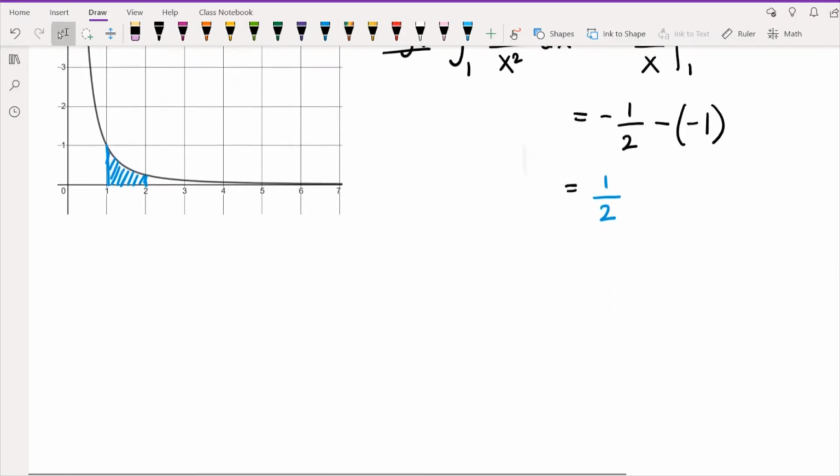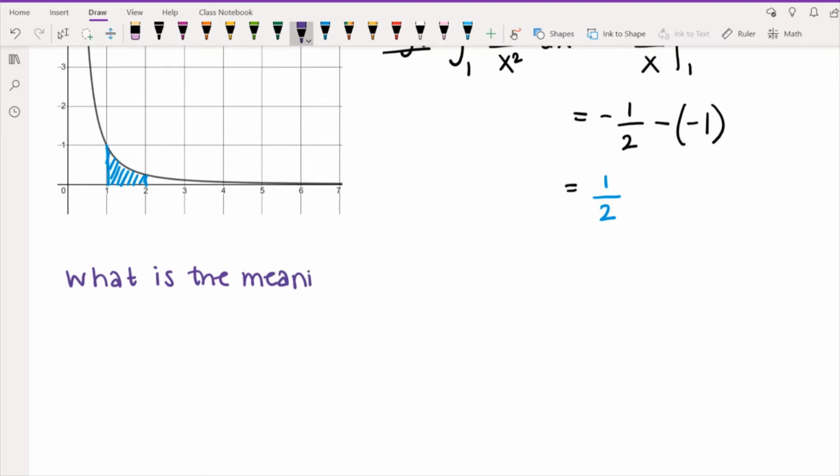So, what am I talking about here when I talk about an infinite limit? It would look something like this. So what is the meaning of, so now let's say that we're looking at the integral from 1 to infinity of this same function, 1 over x squared dx. So what does that actually mean?